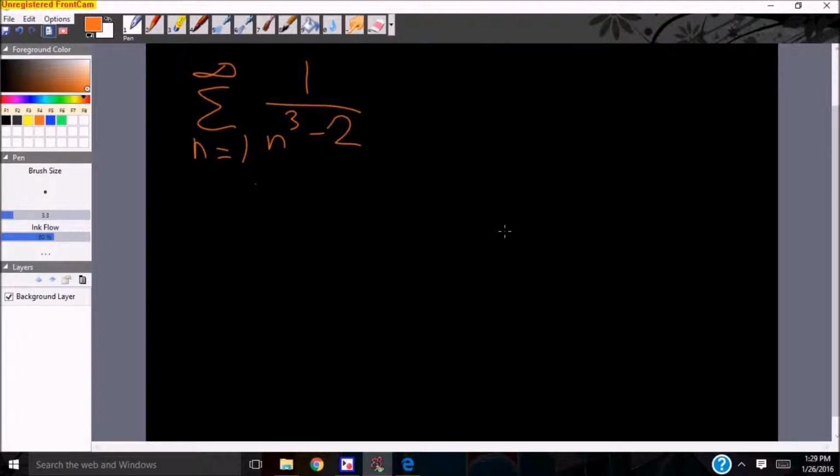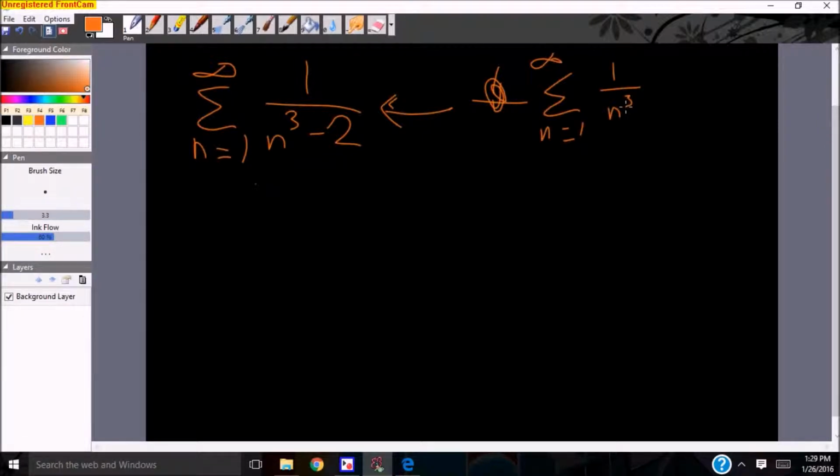So I hope that this has given you a good idea of what to do when it looks like a rational polynomial. We should be able to get through this one fairly quick. We're trying to pick something that's going to turn this into a Betsy. So again, here I see the power in the denominator is n cubed. So I'm going to think about a series that I know.